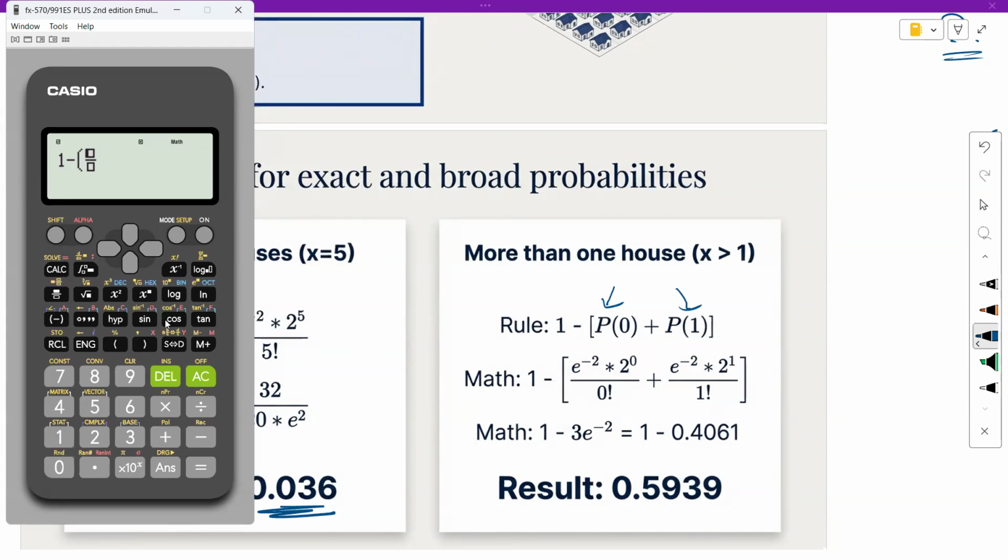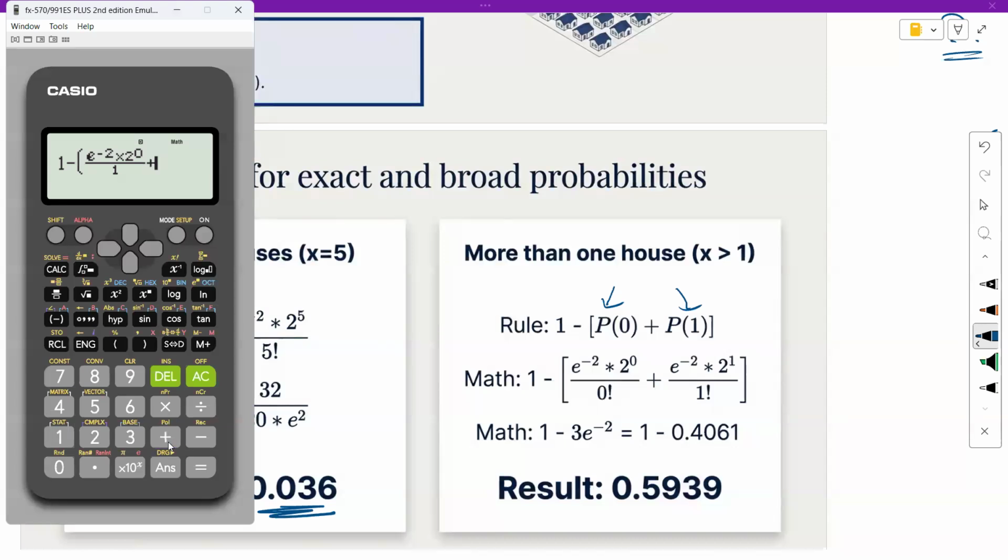E to the power minus 2, into 2 power 0, and 0 factorial is always 1, we know that.